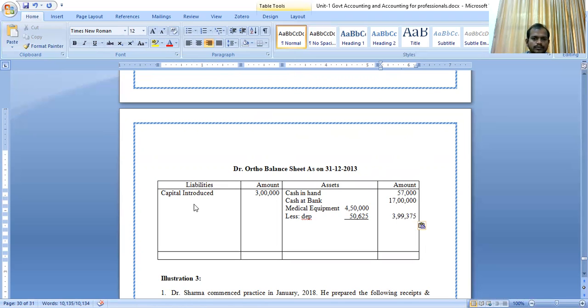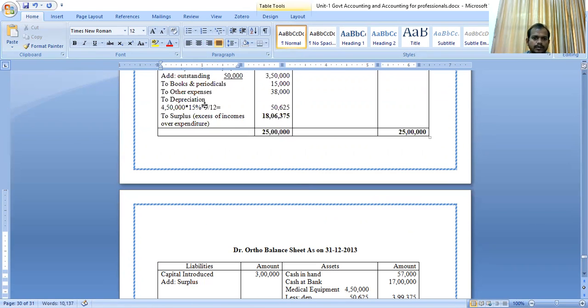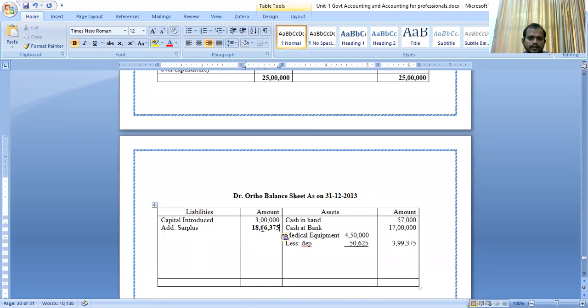Capital introduced is 3 lakhs, and we have to add the surplus, which is 18 lakhs 6,375, so it comes around 21 lakh 6,375.